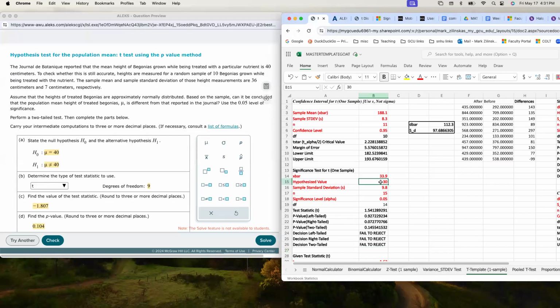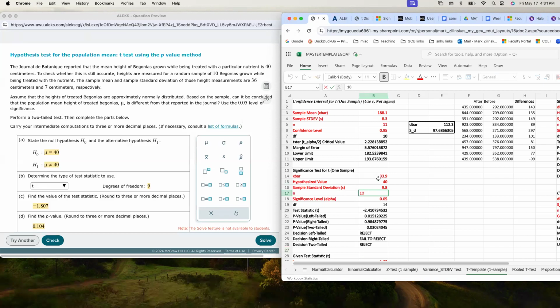So we're going to put in the values here. Let me scroll down. So 40 was our given hypothesized value. And we have a sample size of 10. So I'm just reading down through the paragraph here. We have a sample standard deviation. The mean is 36 and the standard deviation is 7, and that's our sample values.